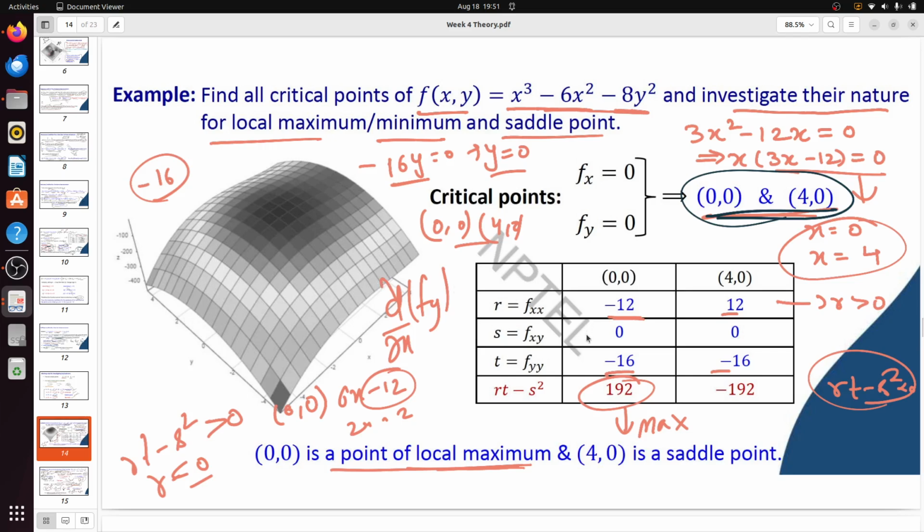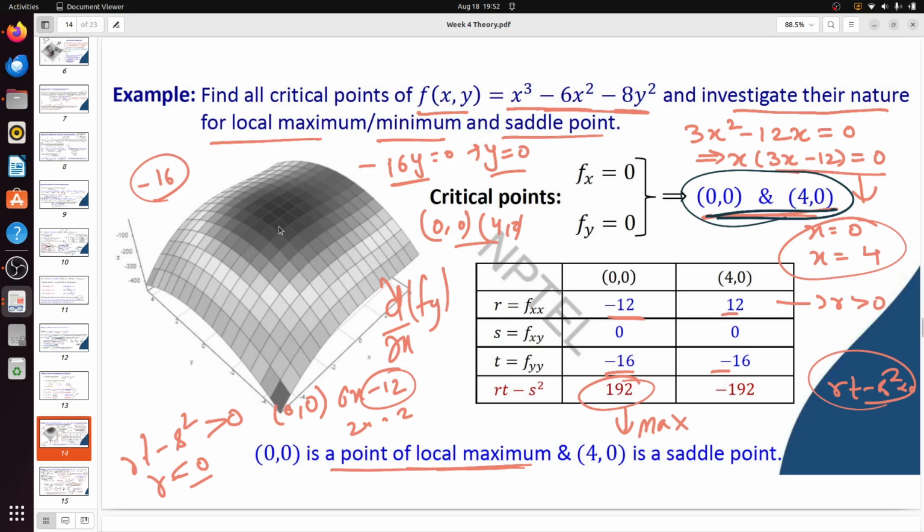So how to prove it for (4, 0)? It is not plotted up to that point. Sorry, (0, 0): here there is the local maximum at (0, 0).